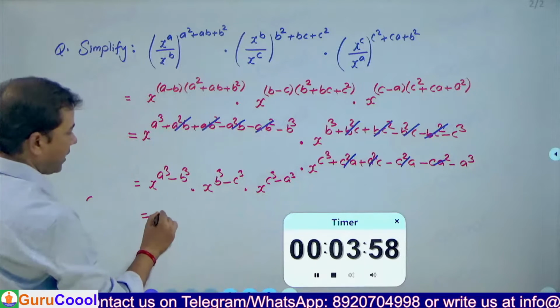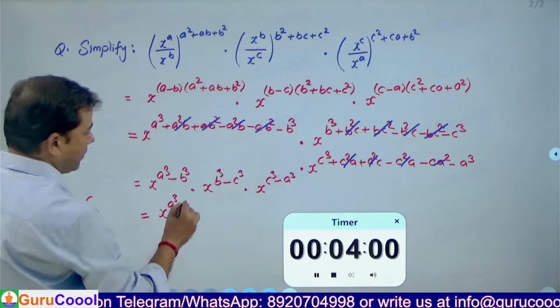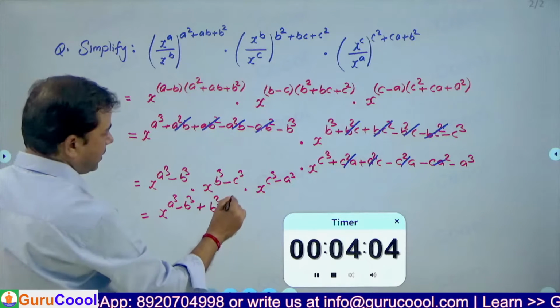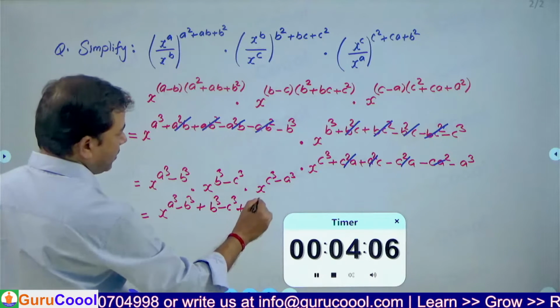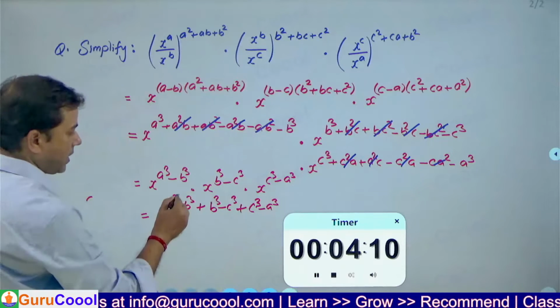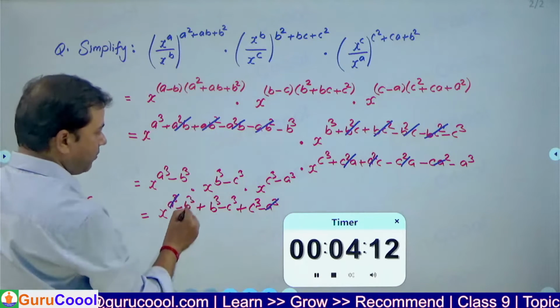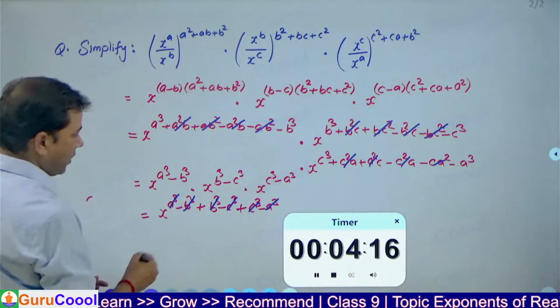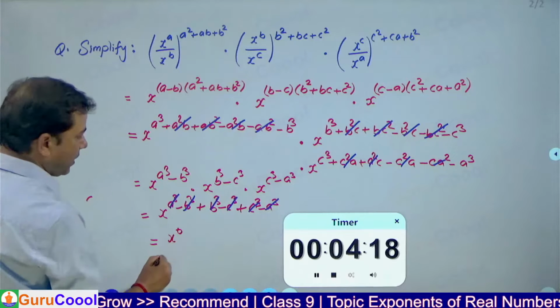Now you just add these powers together: a cube minus b cube plus b cube minus c cube plus c cube minus a cube. Now notice all these are getting cancelled. A cube with minus a cube, b cube minus and plus, c cube minus and plus. So what we have, x raised to the power 0, that is 1.